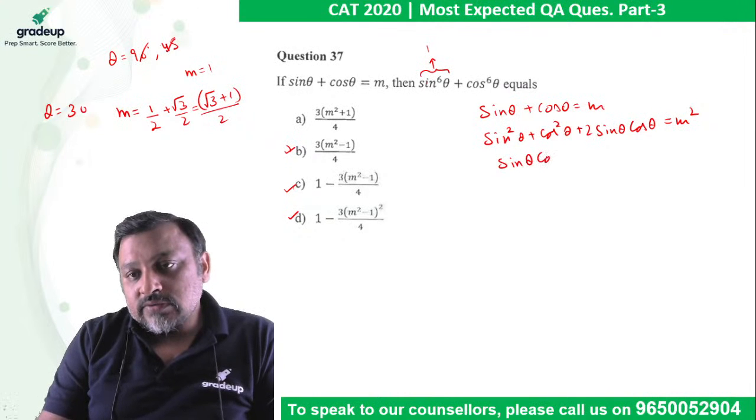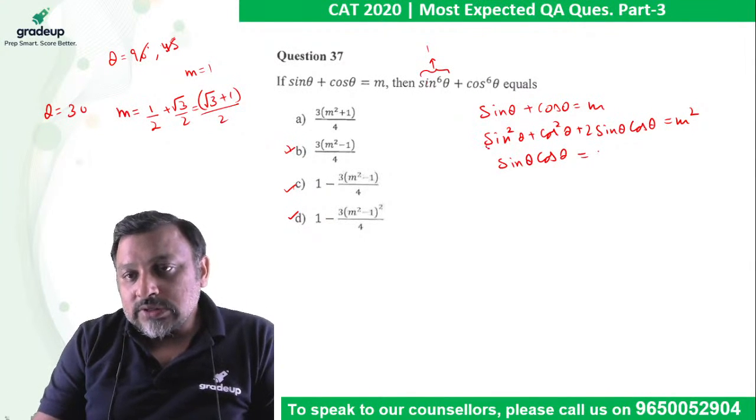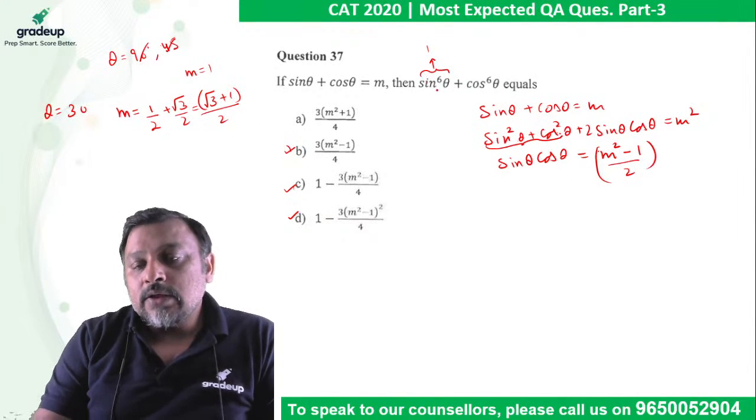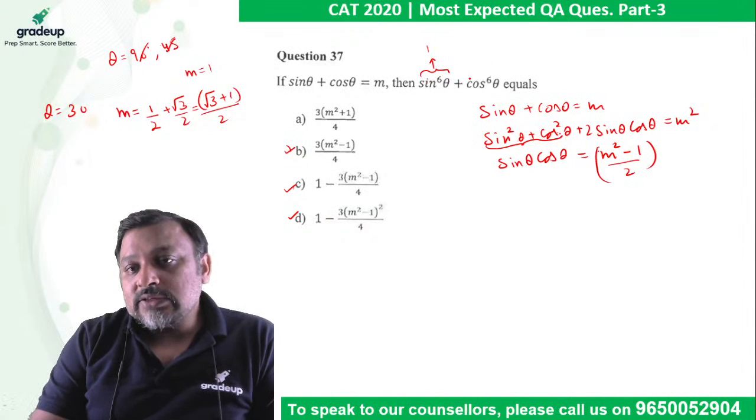I'll get the value of sine theta cos theta as, we know sine square theta plus cos square theta is 1, so it can be written as m square minus 1 by 2. This is the value of sine theta cos theta. Now, this given expression can also be written as this.